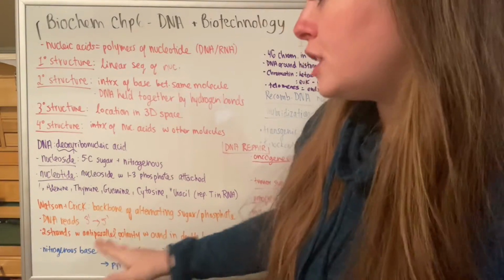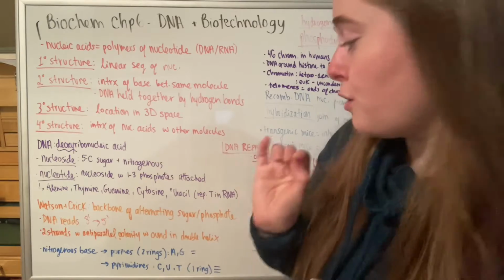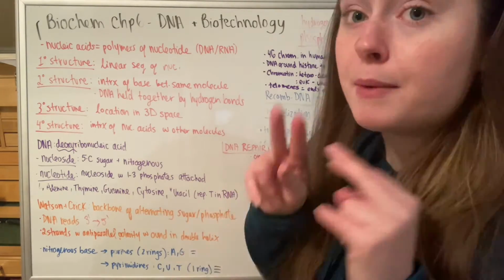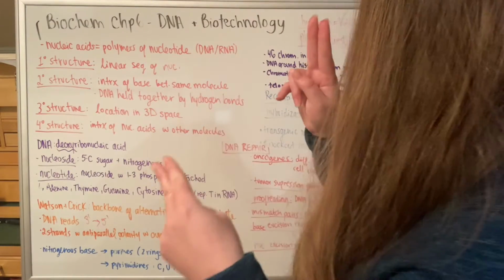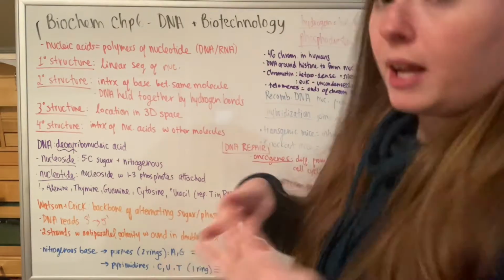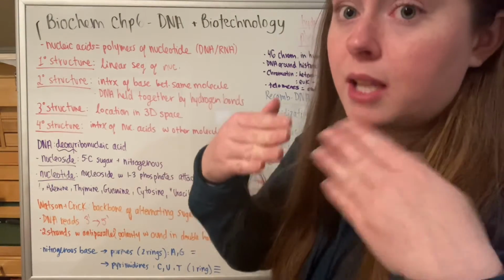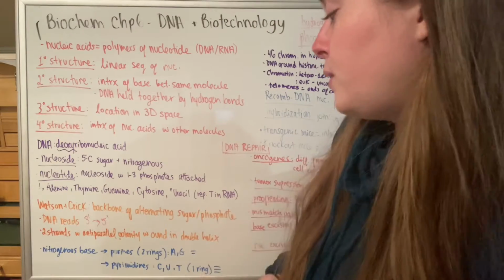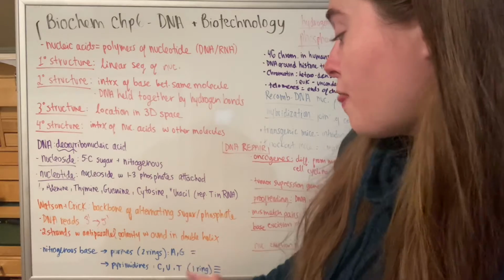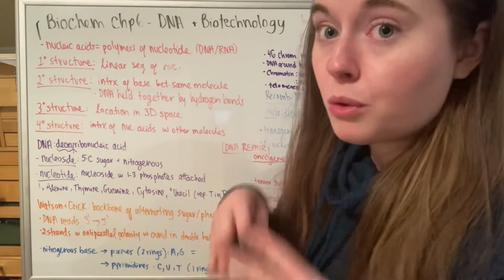And the nitrogenous bases, we have purines and pyrimidines. So the purines are adenine and guanine, and those have two bonds between them. So if you have adenine and guanine, there's 2 bonds connecting them. If you have pyrimidines, which are cytosine, uracil, or thymine, those are a 1-ring structure, and they have 3 bonds, so those are stronger.